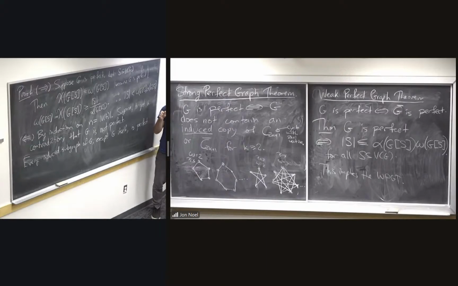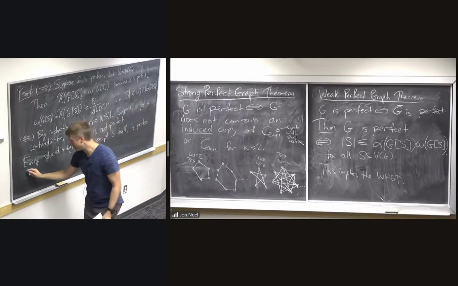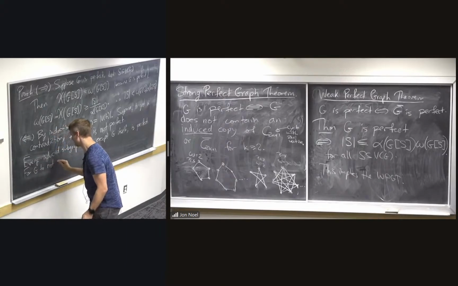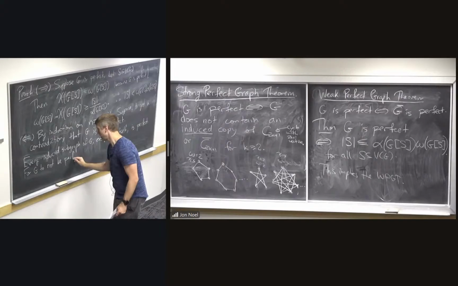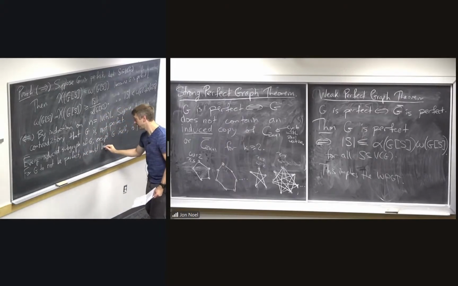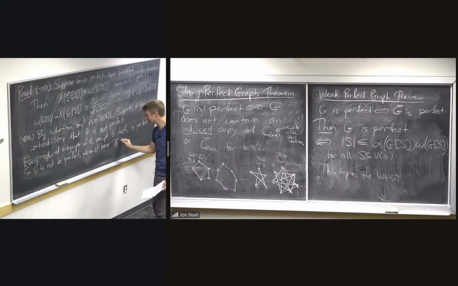So the only induced subgraph of G that doesn't have chromatic number equal to clique number is G. So for G to not be perfect, we must have that the chromatic number of G itself is bigger than the clique number of G, because this is not happening for any of the subgraphs, since they're all perfect anyway.